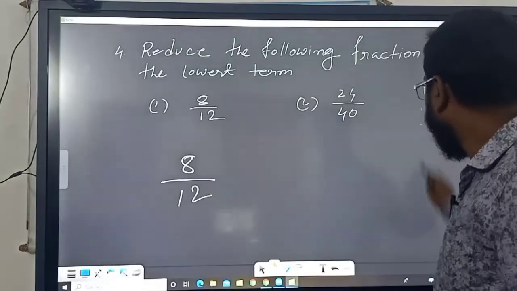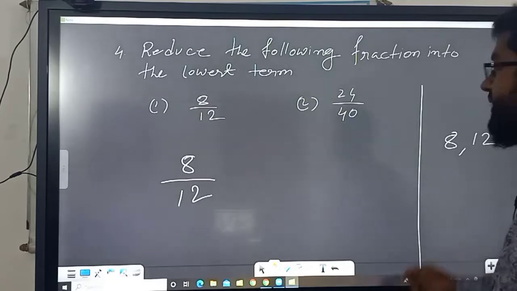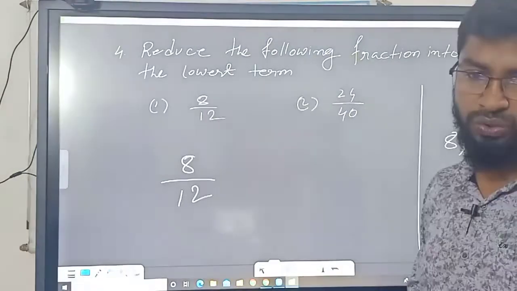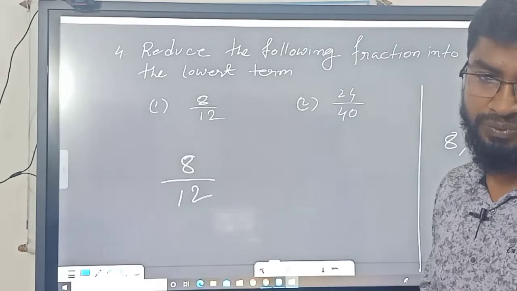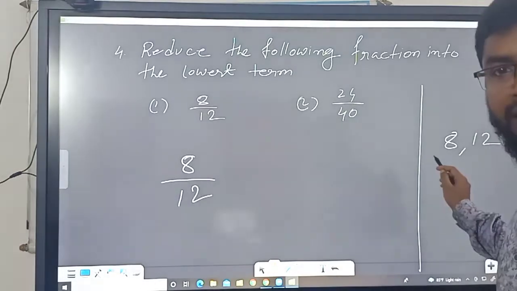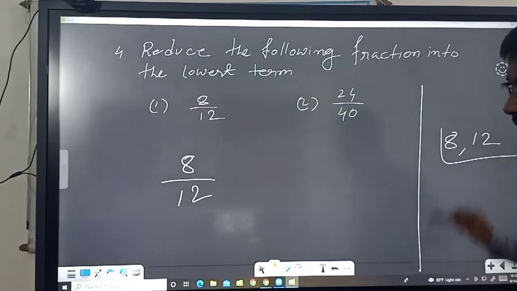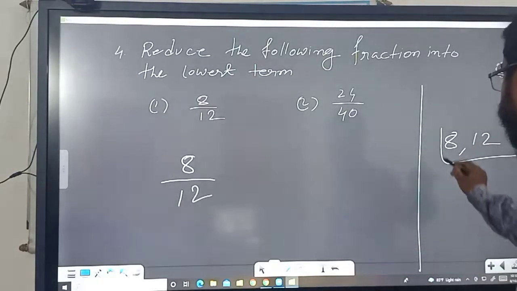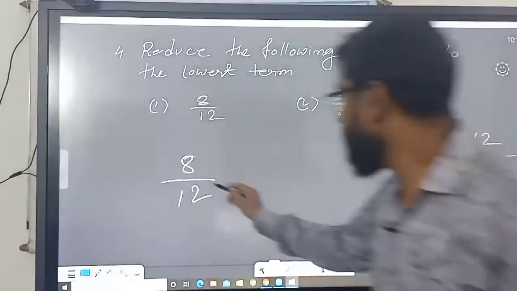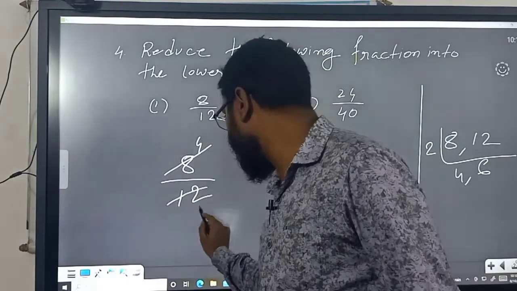Here I will write 8 and 12 side by side. Now we will check by which prime number we can divide both the numbers. 2. Exactly, 2. It will be 4, it will be 6. Now easily I can cut it. I will write 4, and down I will write 6.